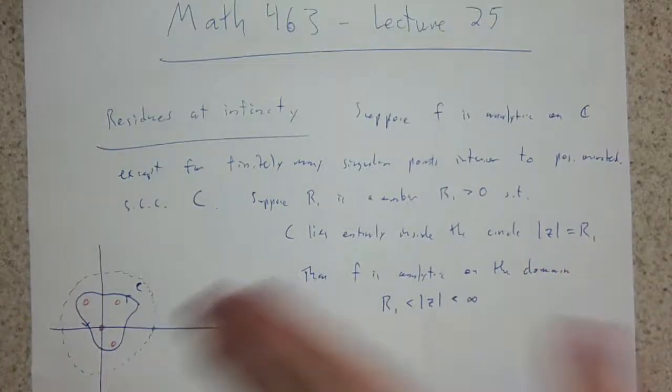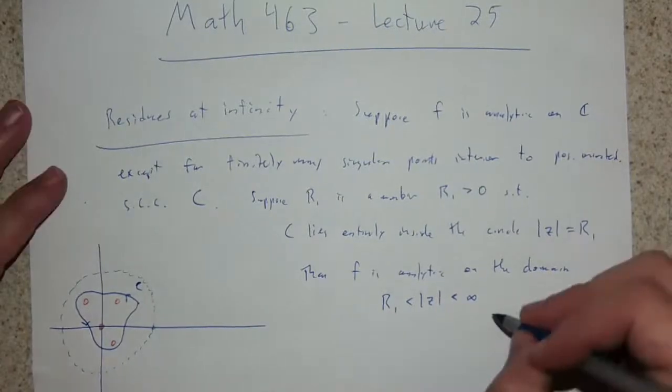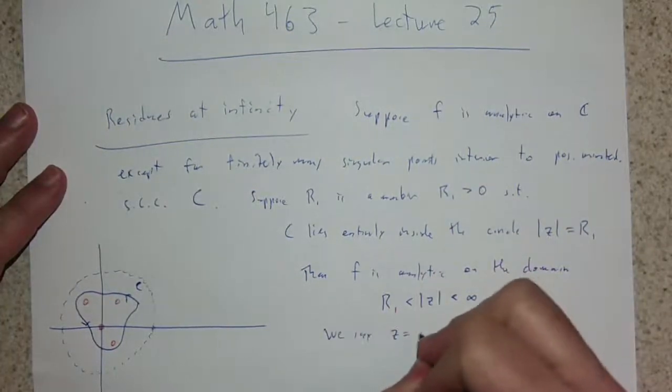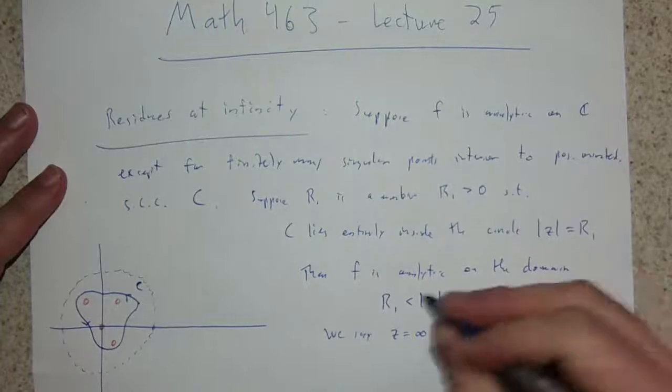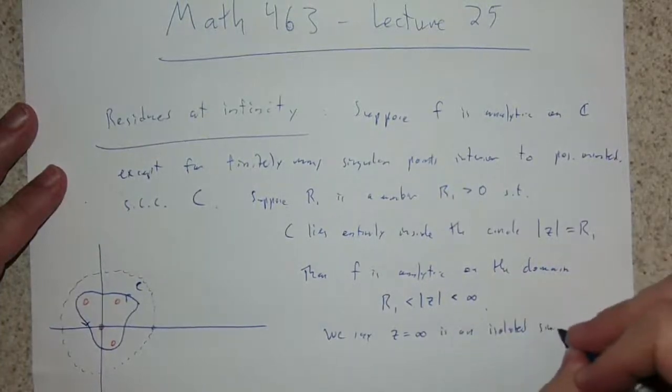So it's the rest of the plane, not including the point at infinity. And in this case, we say that z equals infinity is an isolated singular point of f. This was the terminology we had.